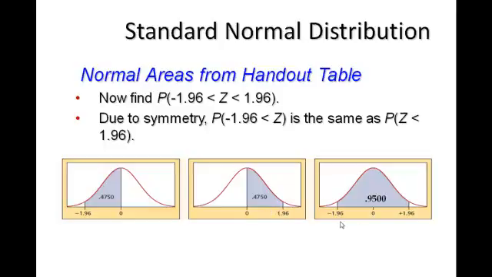So the probability that Z gives us a value between negative and positive 1.96 is the sum of those two 0.4750s, or 0.9500. So there's a 95% chance that a Z-score will lie between negative and positive 1.96.